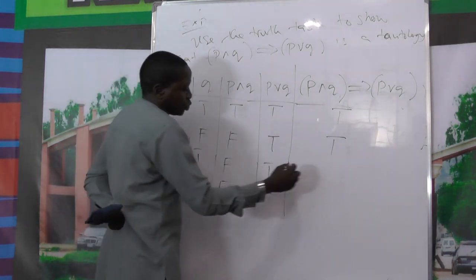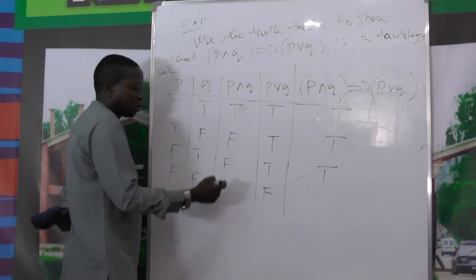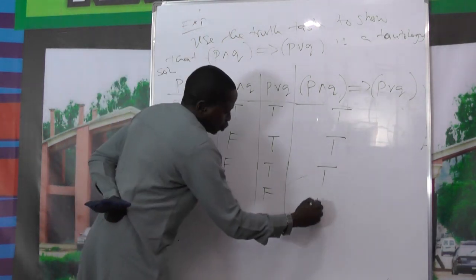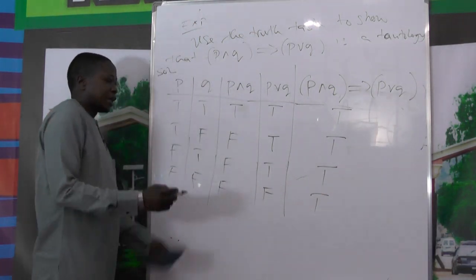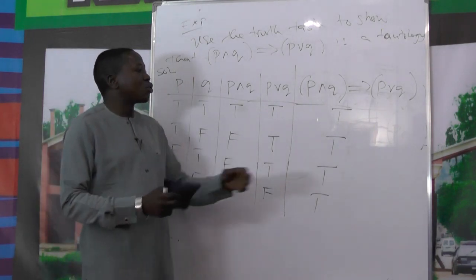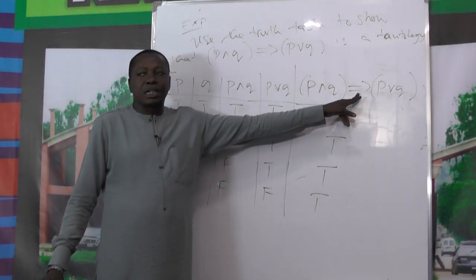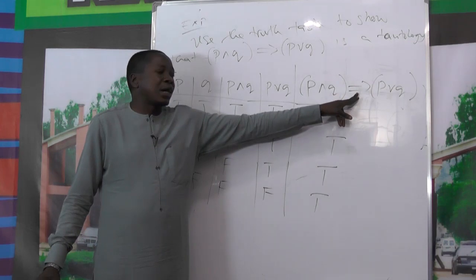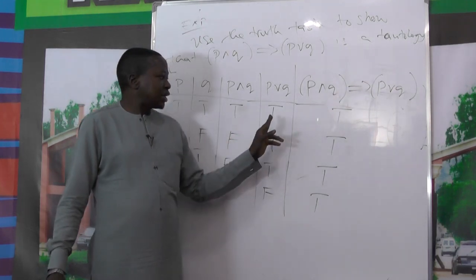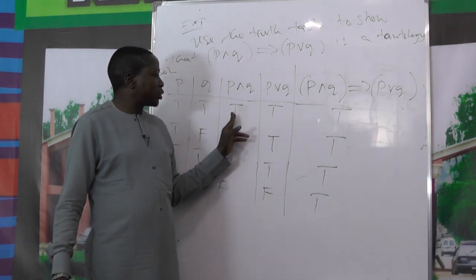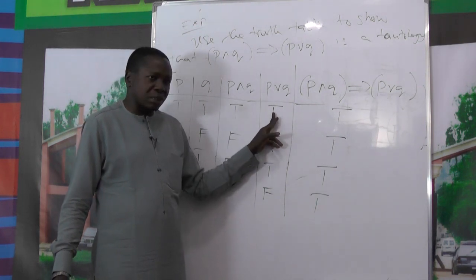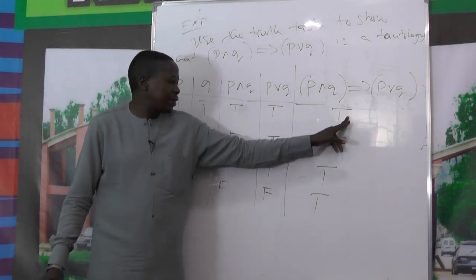False implies false, true. I have explained the rule under conditional statements. I said a true statement can imply a true statement. Yes. That's why I have true here.